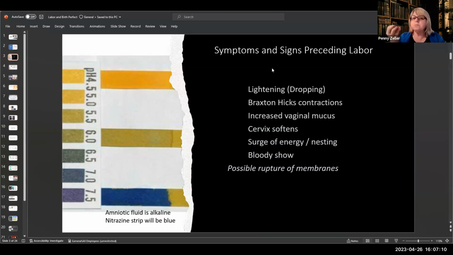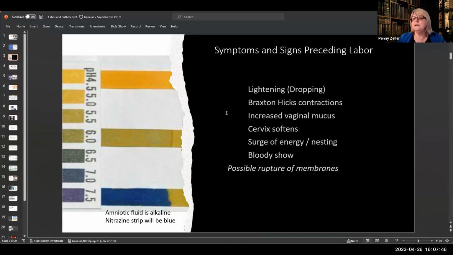Some of that mucus plug might be released, the operculum, it's called. Her cervix might begin to soften before she's in labor, and it might even dilate and efface a little bit before she's actually in labor. And her water might break, right? She might have a surge of energy. It's like nesting. She wants to do last minute things for the baby's arrival. And then bloody show means that she might have a bloody vaginal discharge.